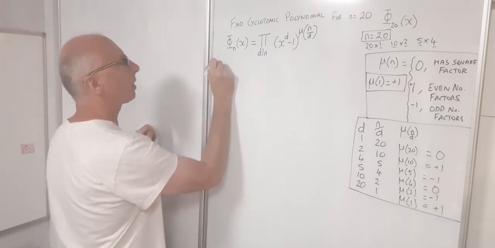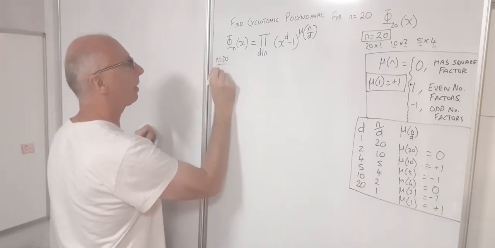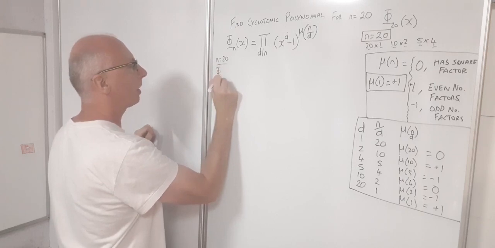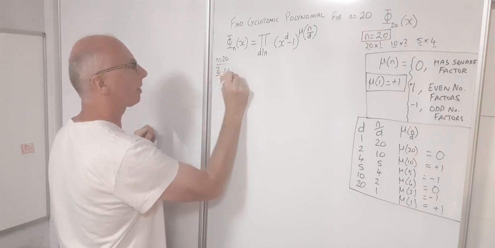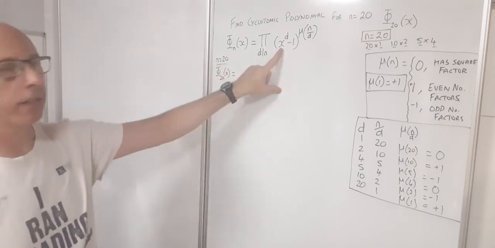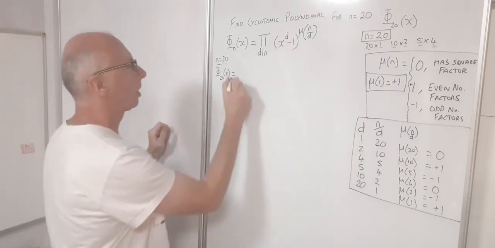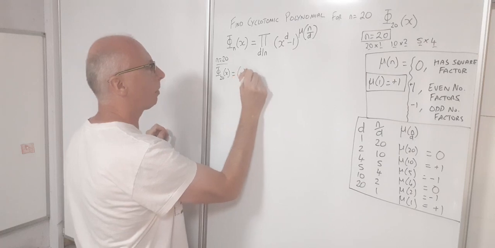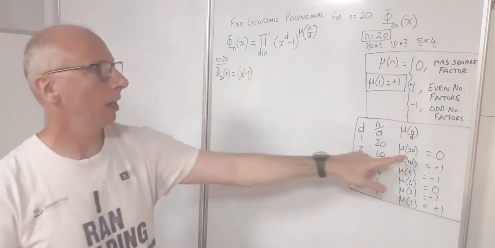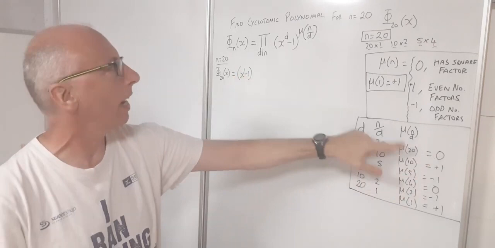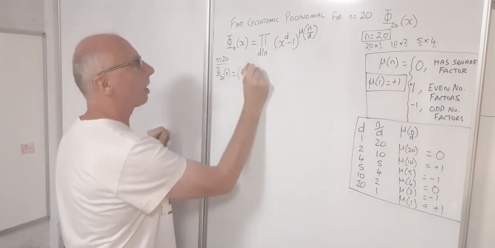So let's go through it. For n equals 20, we write capital letter phi, 20 of x. Now we need x to the power of the divisor, minus 1. Let's start off with 1. I've got x to the power of 1, minus 1, to the power of 0, because mu of n over d is 0.